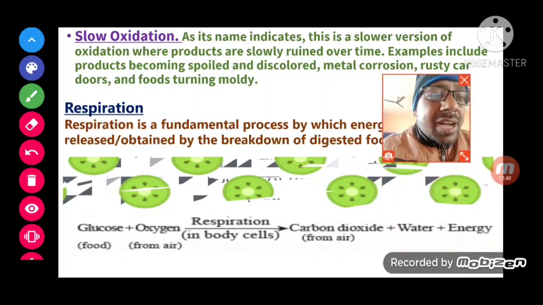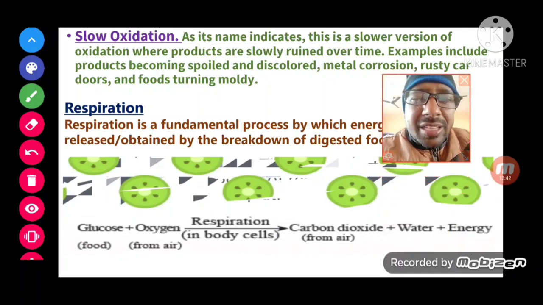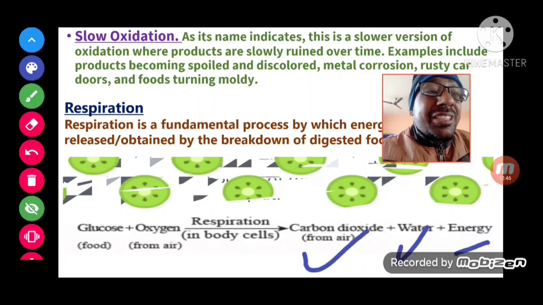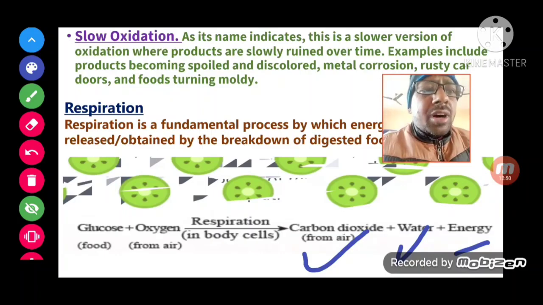And what are you releasing out? You are releasing carbon dioxide, water vapor, and energy. Your body gets energy for doing different work, and that energy you get in the form of ATP, adenosine triphosphate, and ADP, adenosine diphosphate.